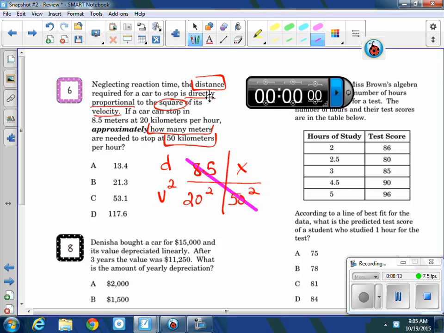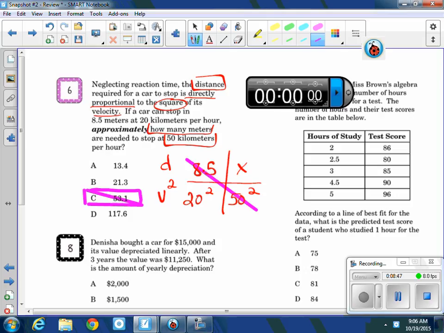Everybody should be working it out in the calculator right now to make sure that you get C. That's why we got that 33%. Because we don't want to work. And the answer was 53.1. So you need to read. You're not using your highlighters, you're not circling, you're not doing what you're supposed to be doing. Square needed to be highlighted. It's the square of the velocity, not just the velocity.